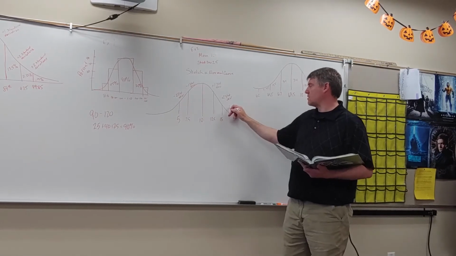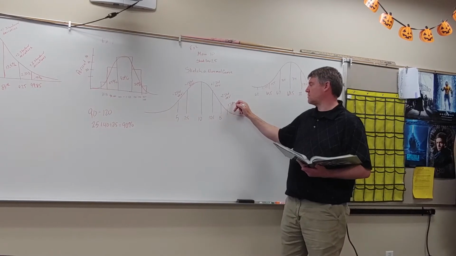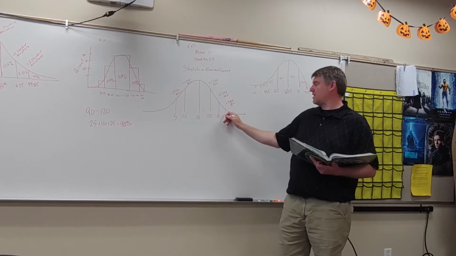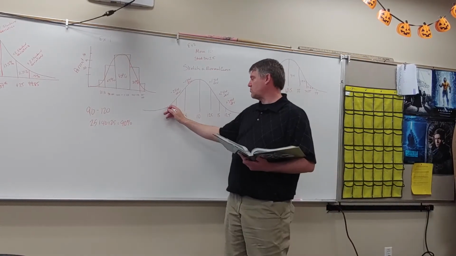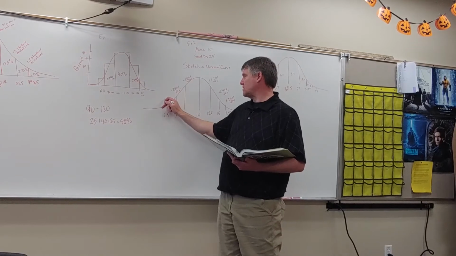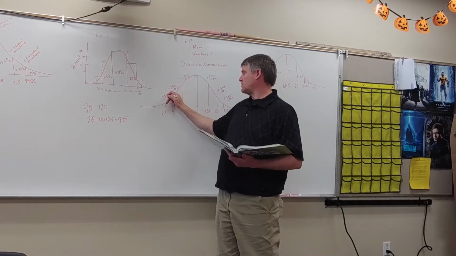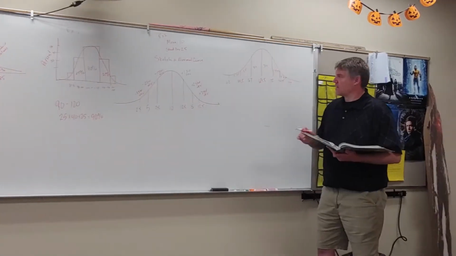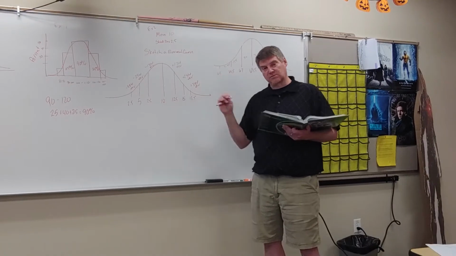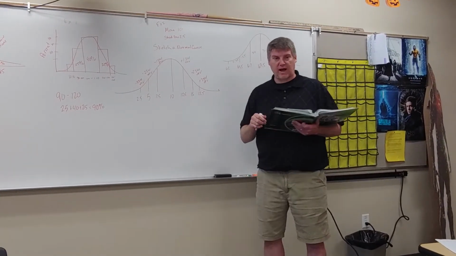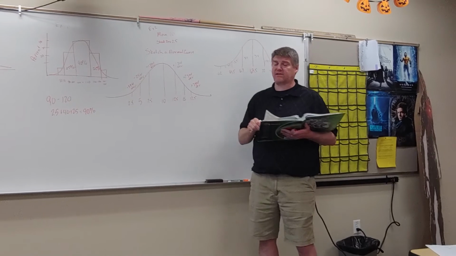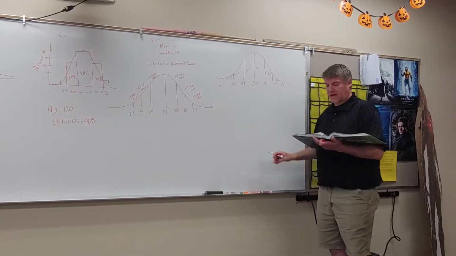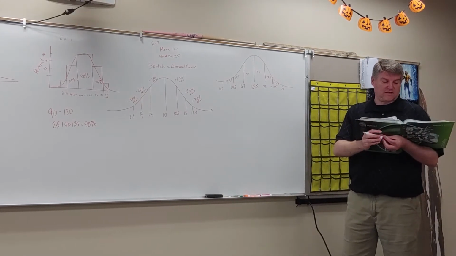Now for plus 3 standard deviations, I add 2.5 again, 17.5, and subtract off 2.5 for minus 3 standard deviations. And there's my normal curve drawn up there. Remember, you take your mean, that's your middle, the high point on your graph, and you add and subtract your standard deviation.